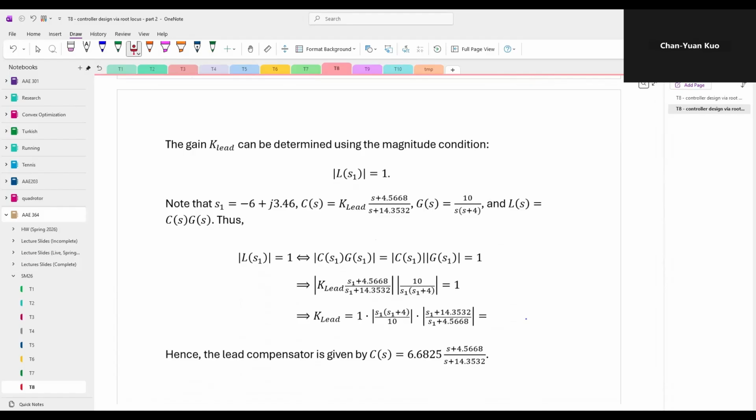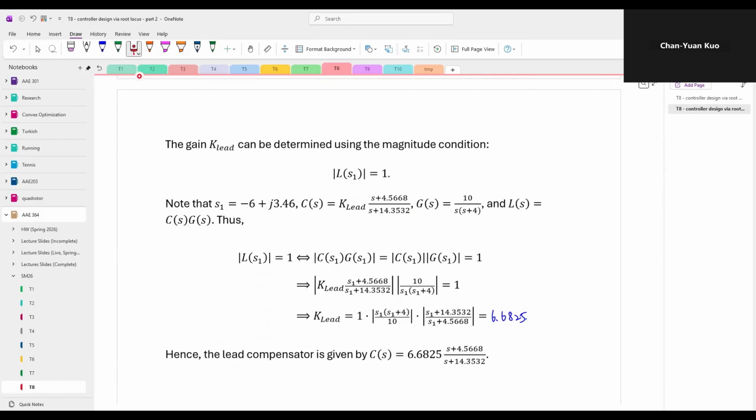And just like before, once the locations of the pole and zero are found, we can determine the corresponding gain using the magnitude condition. And by substituting the compensator and the plant into the equation and evaluating them at the desired pole location, we can see that the corresponding gain should be 6.6825.